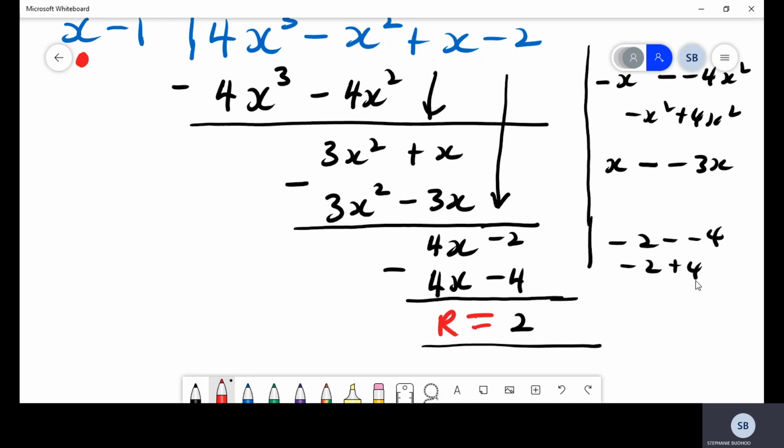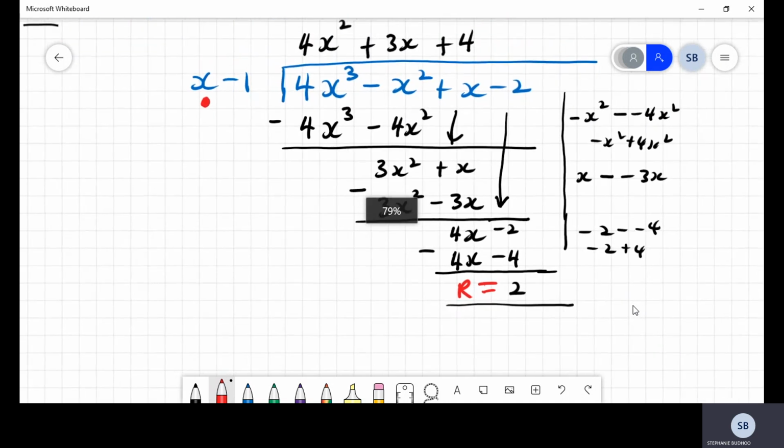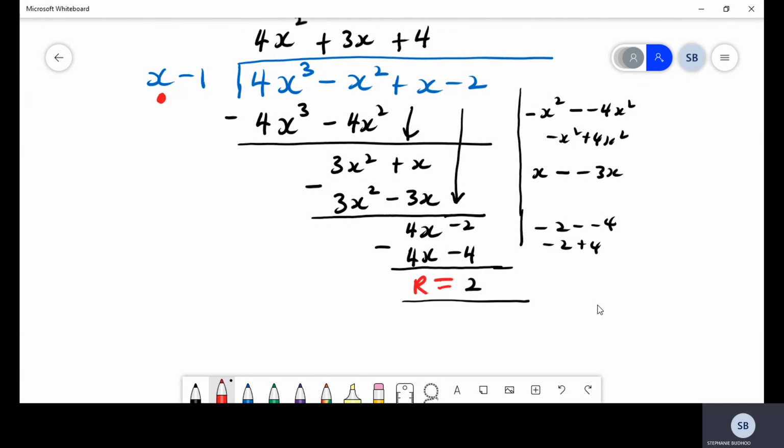Now, what if we were to try the actual remainder theorem? Let's see what will happen. So we are going to apply the remainder theorem by comparison. So applying our remainder theorem, you'll see that our divisor is given by x minus 1, which is the standard form.